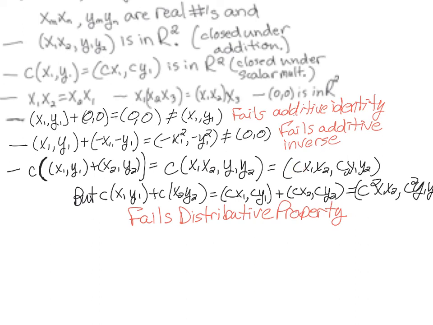Do you see what I'm saying? If we distributed first, we would have this, and then c times this plus c times this gives me this, and when I add these under the new definition, I get c squared instead of plain c. So it fails at that distributive property, and it fails at the other one too. I'll leave that to you to do for yourself to see.